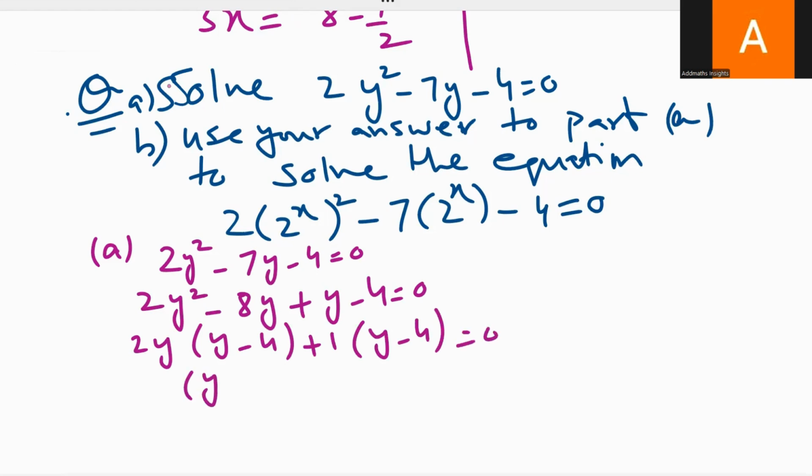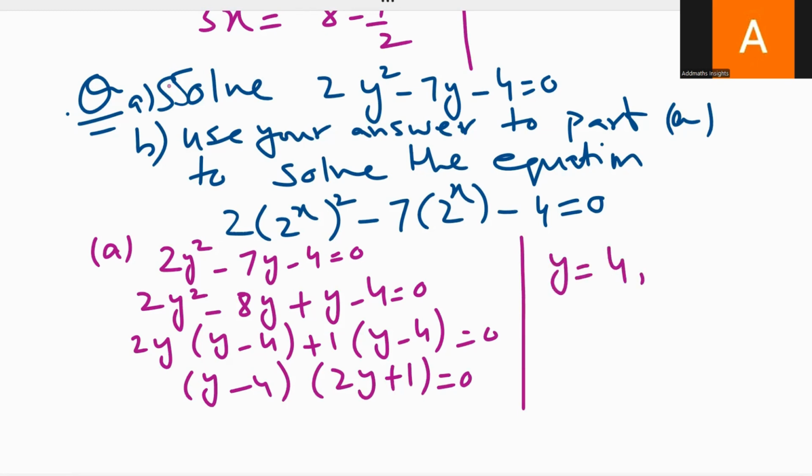You can write y minus 4 into 2y plus 1 is 0. So it means the values of y are 4 and y is minus 1 by 2, right? Now you have to use your answer. It is given that use your answer to part A.